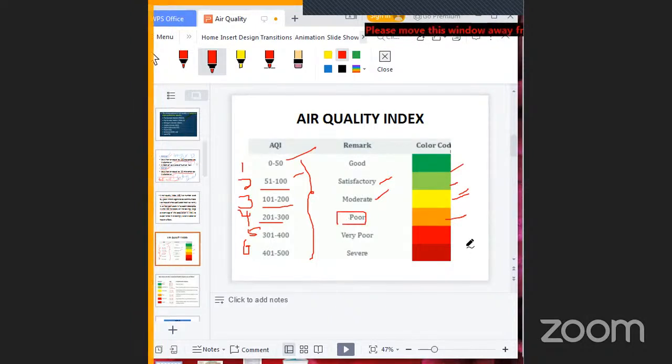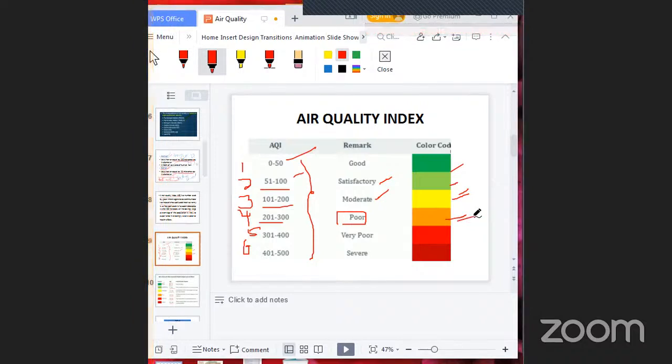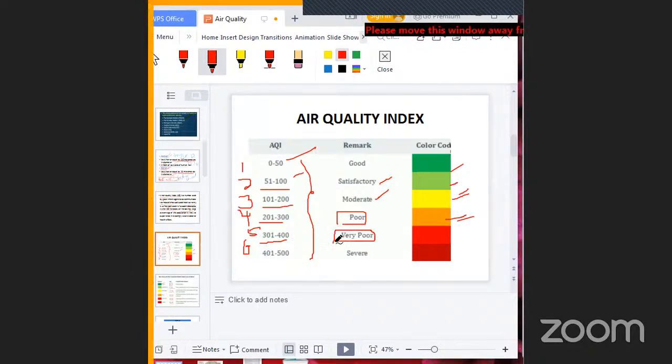So for everyone, this 201 to 300 is indicated as very unhealthy. 301 to 400 is very poor, it is for everyone, and it is indicated by the red color.